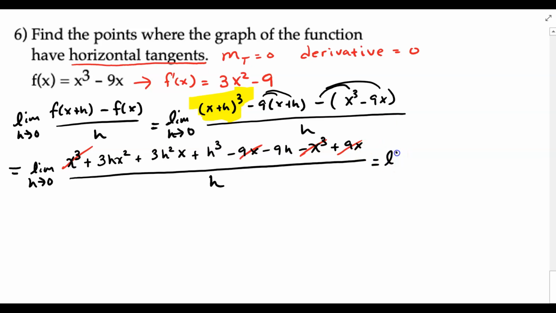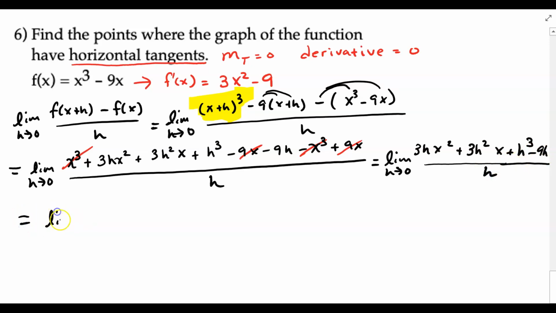All right. The limit as h approaches 0, I have 3hx squared plus 3h squared x plus h cubed all divided by, oh wait, and I'm also missing a minus 9h. I see it now. Minus 9h, all divided by h. All right, now I'm going to divide out the h, factor out the h.